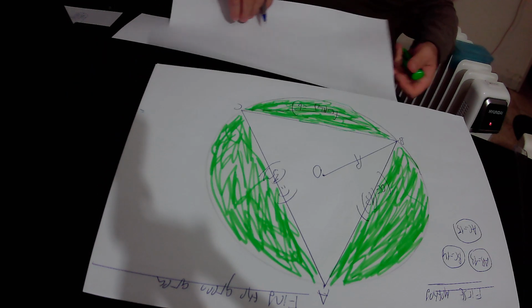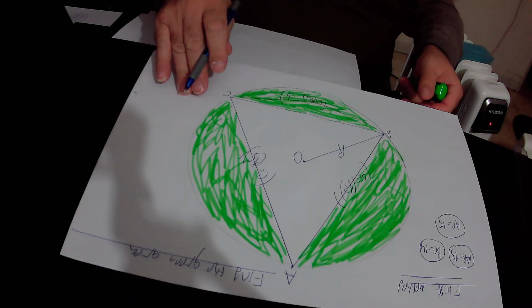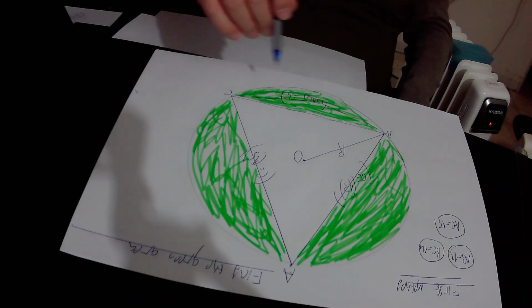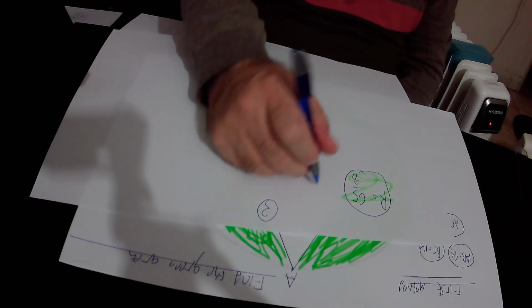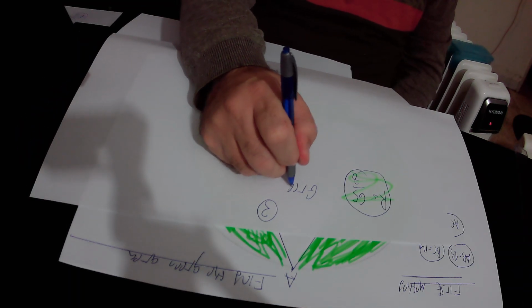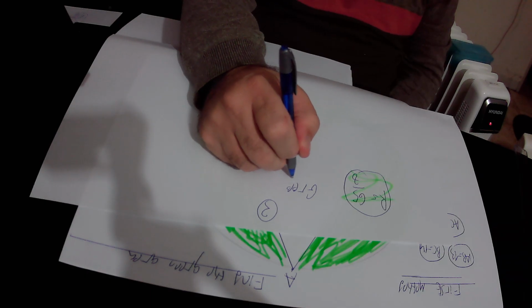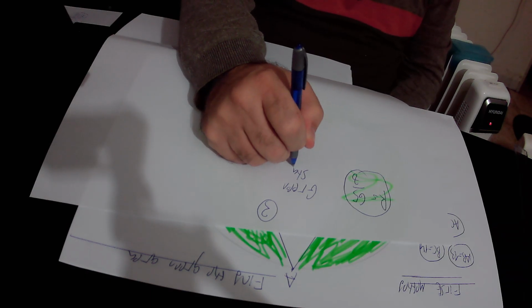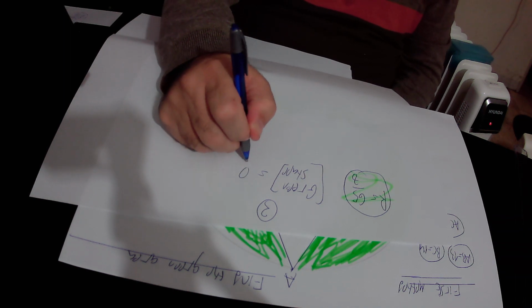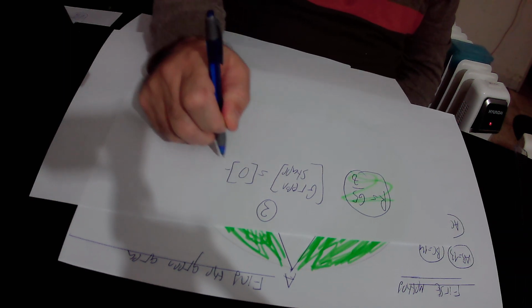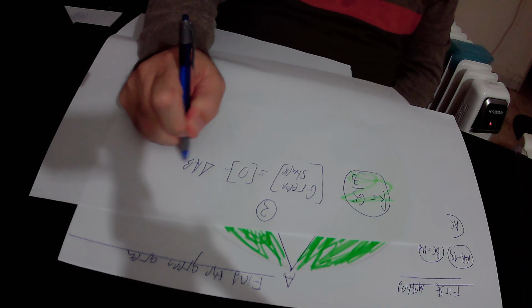I'll repeat again, that the area of the green shape equals the area of the circle minus the area of triangle ABC. So I write it down: the area of the green shape in total is equal to the area of the circle minus the area of triangle ABC.